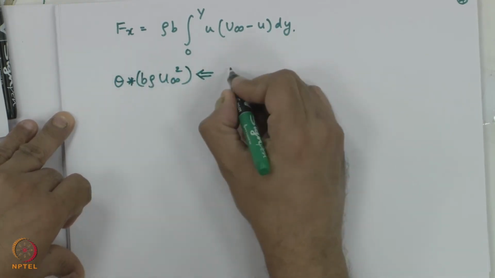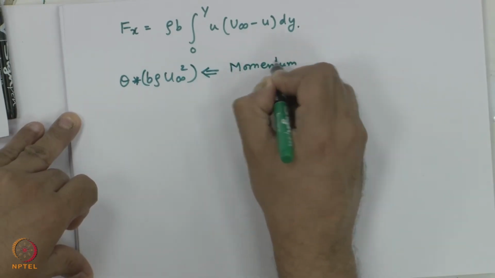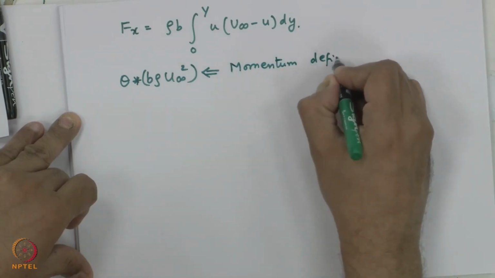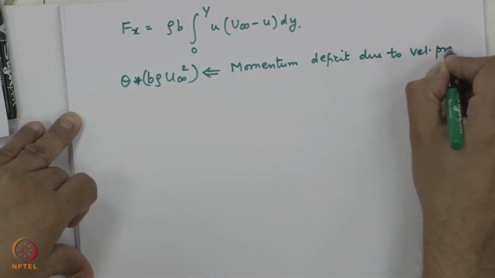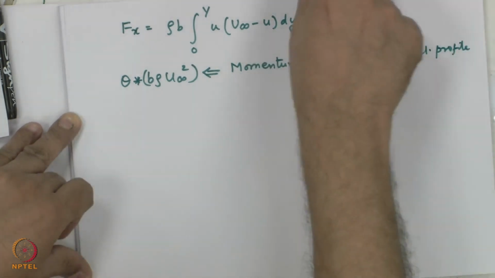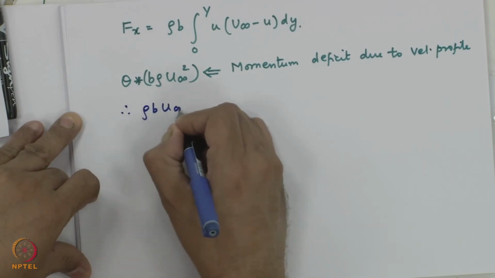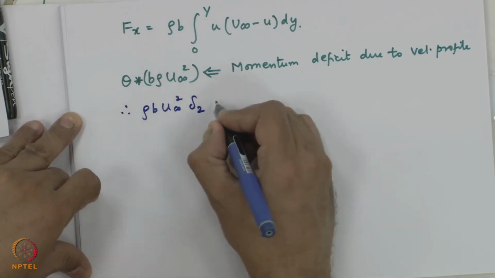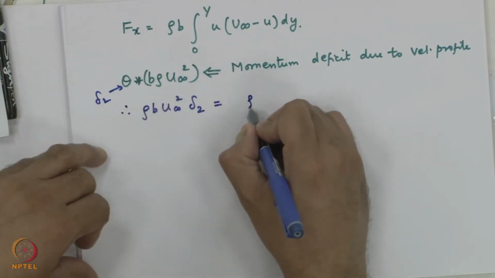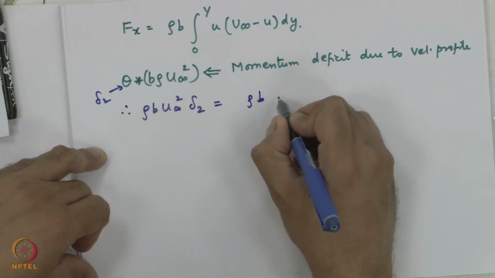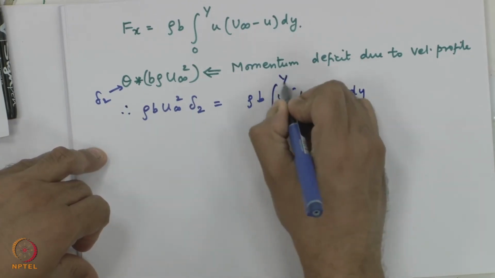This is the momentum deficit due to velocity profile. This theta is that thickness which we are going to define. Therefore, rho b u infinity squared theta, instead of that I will use delta 2, is equal to rho b integral 0 to capital Y of u times u infinity minus u dy.